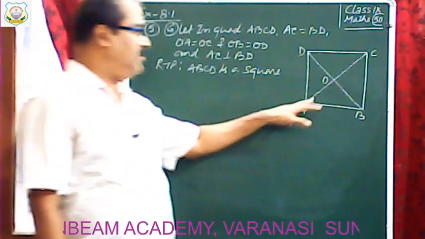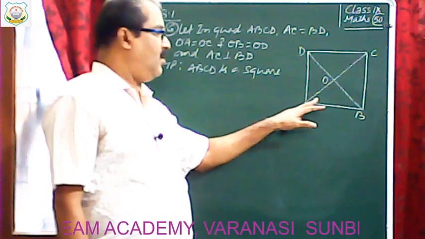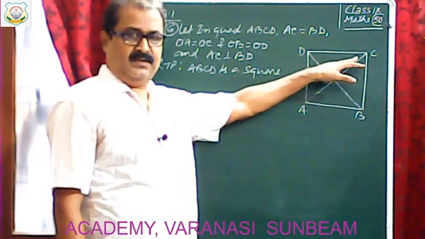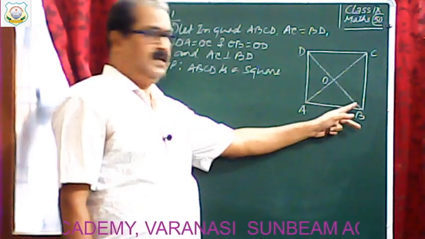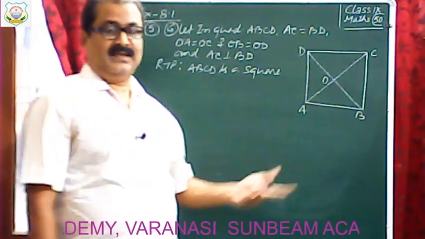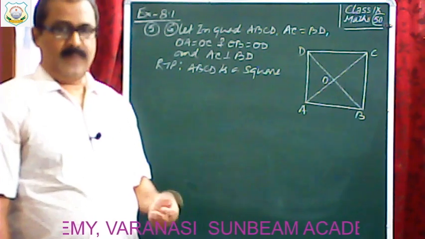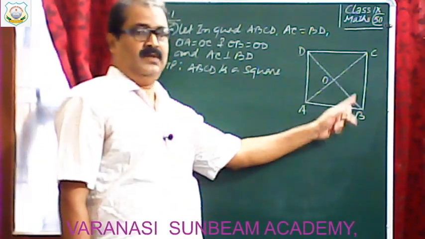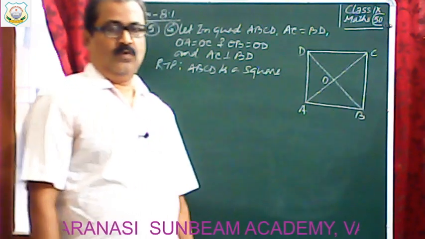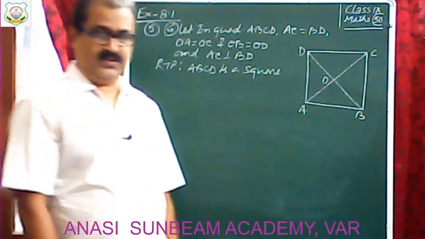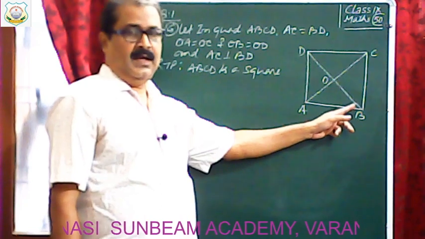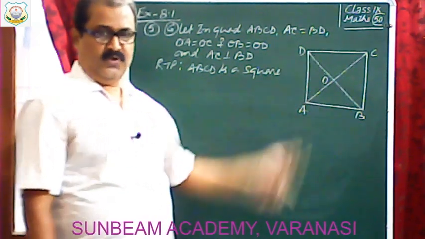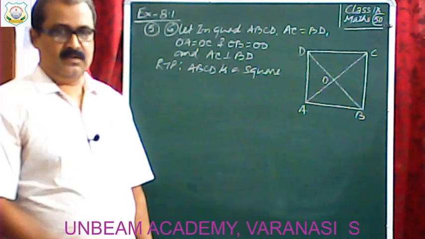If one angle, suppose angle A is 90, then angle A equal to angle C, opposite angles, angle C also 90. Angle A plus angle B equal to 180 degree, sum of adjacent angles of a rhombus or parallelogram is 180 degree. Angle A is 90, then 90 plus angle B equal to 180, then angle B equal to 180 minus 90, again we get angle B equal to 90, and angle B equal to angle D, if opposite angles are equal, then angle D also 90.